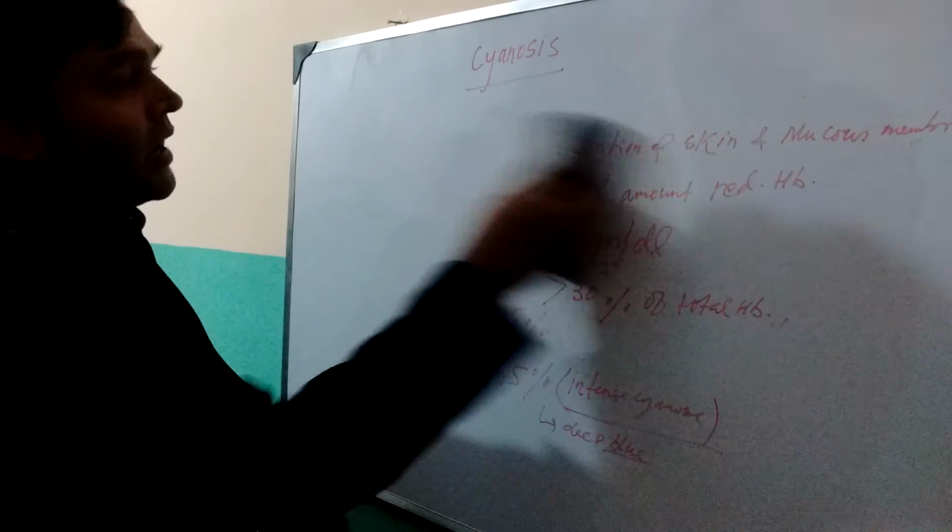In another lecture, we will discuss differential cyanosis, what are the causes of differential cyanosis, peripheral cyanosis, what are the types, and central cyanosis, that is the types of the central cyanosis.